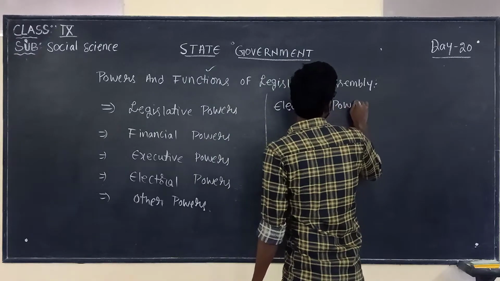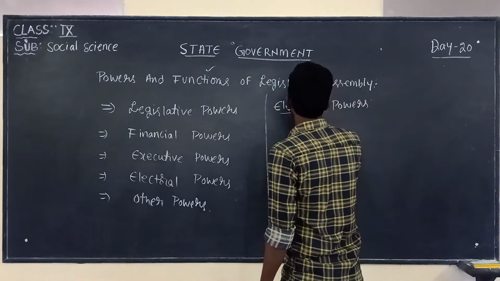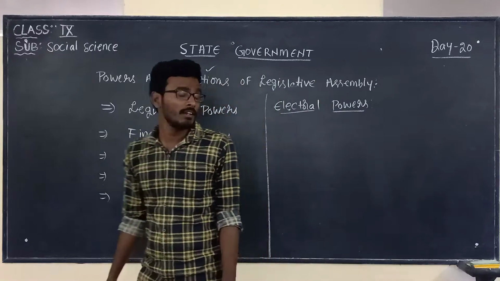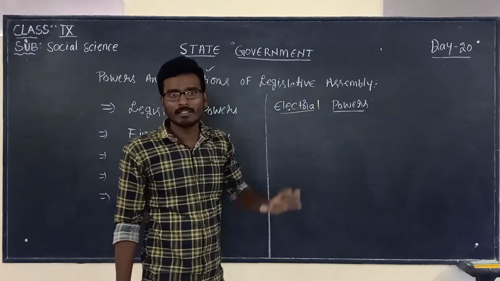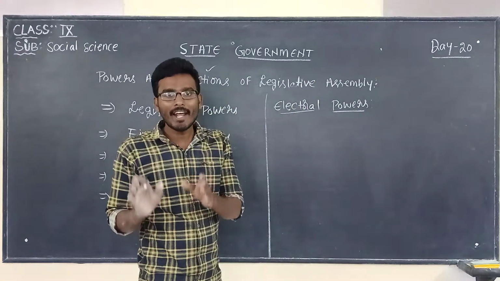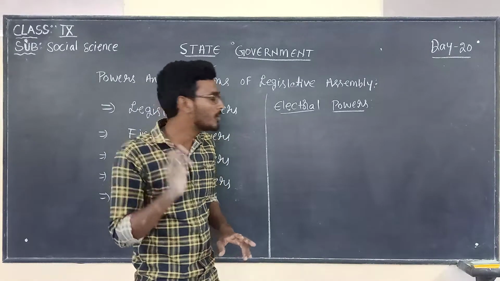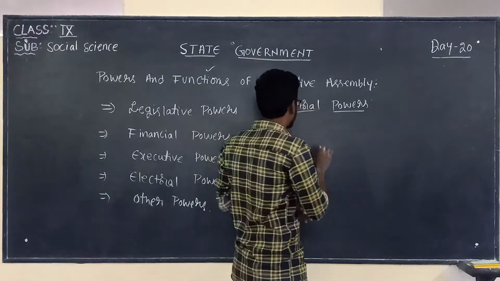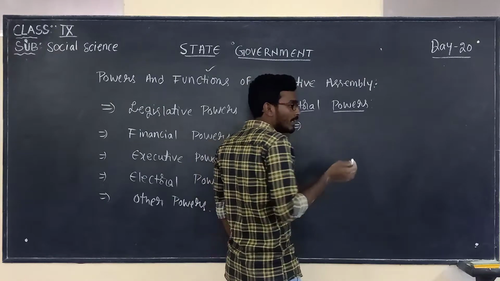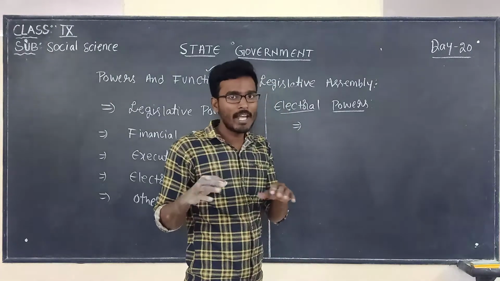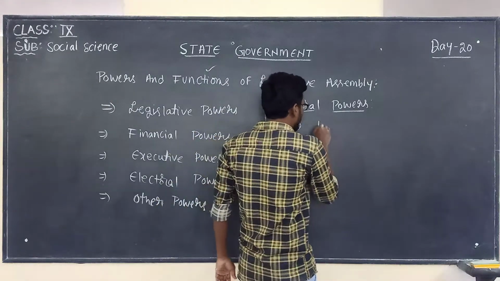Electoral powers. Very easy one. The members of legislative assembly, they have a right to elect the following people. Who are they? They have the power to elect the President.